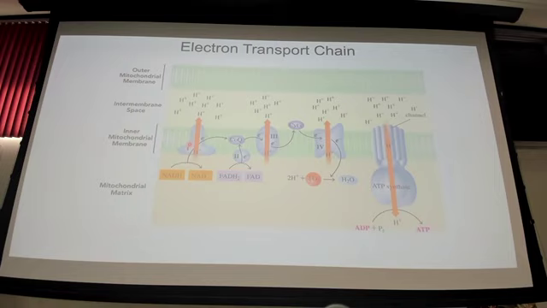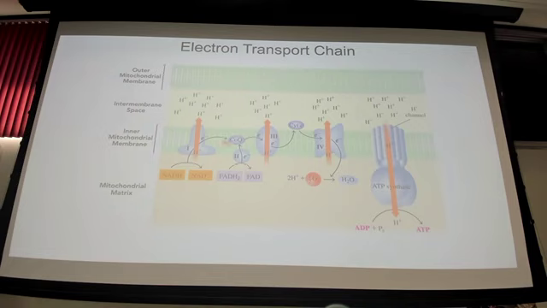The electrons from NADH will then be donated to the electron transporter CoQ. CoQ will then donate those electrons from complex 1 to complex 2. Or I'm sorry, FADH acts only at complex 2. NADH acts only at complex 1. So FADH will donate its electrons to complex 2.